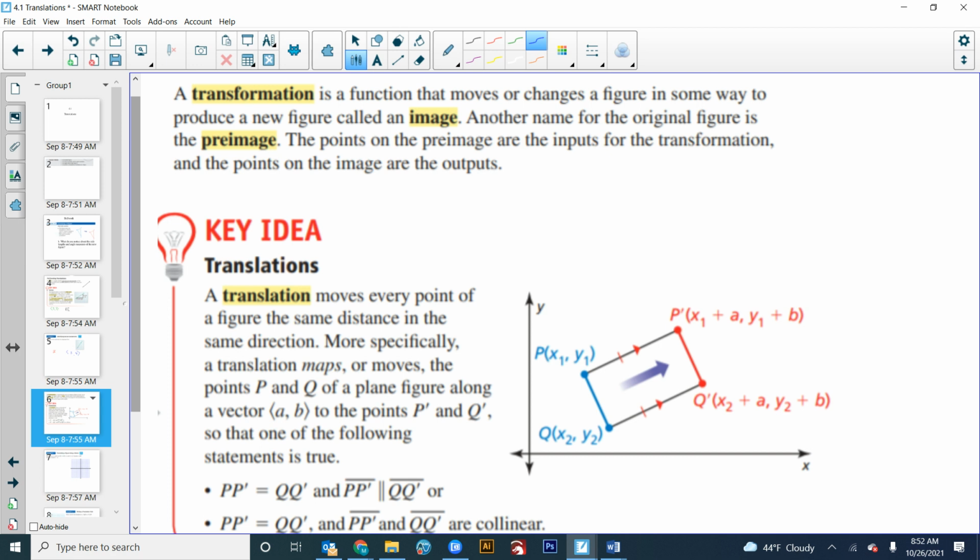And whatever the y value is, you'd add 4 to it. And that's where you end up. So when they say x1 plus a and y1 plus b, a was the x movement, b was the y movement. Make sense? So this is using the component vector A, B. You would add A to the x's and add B to the y's, and that's where you end up.